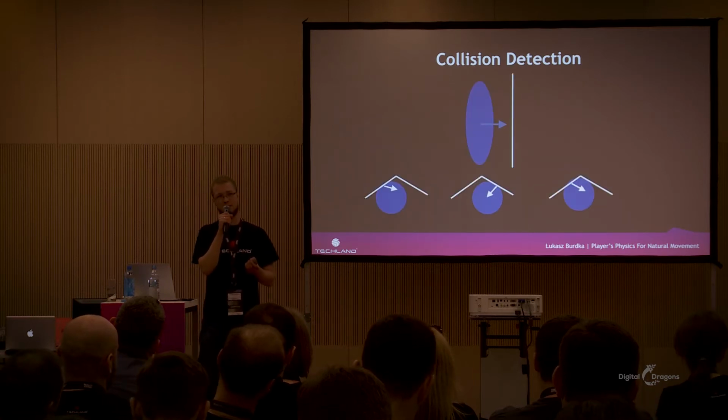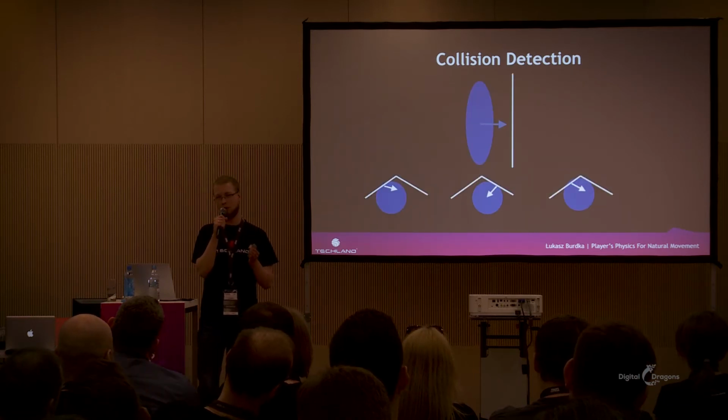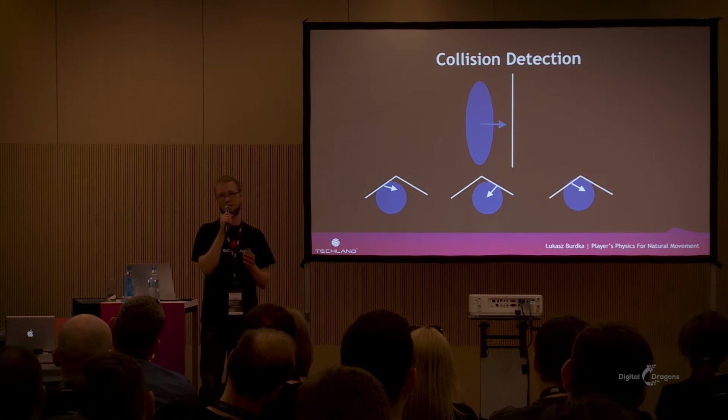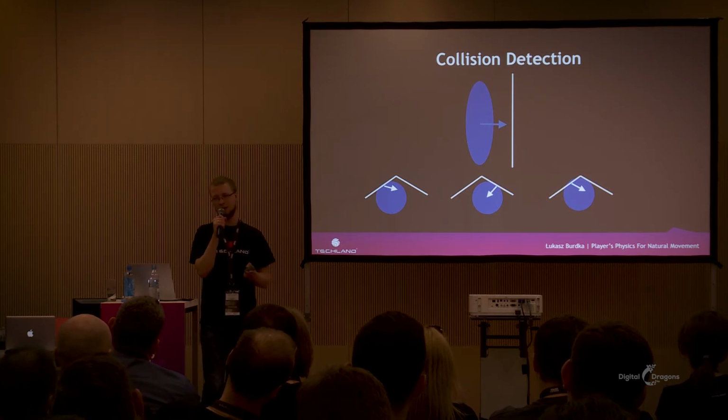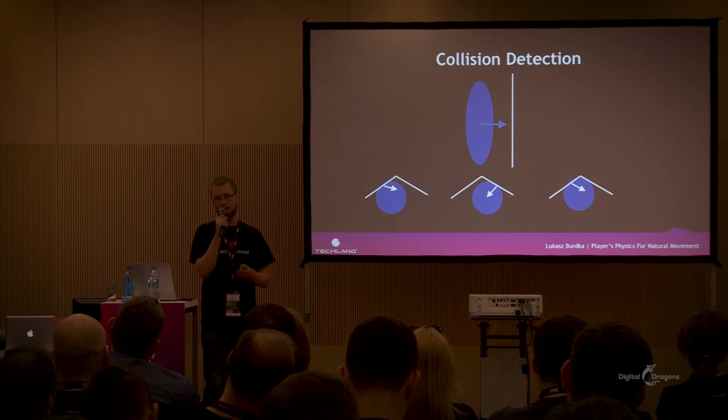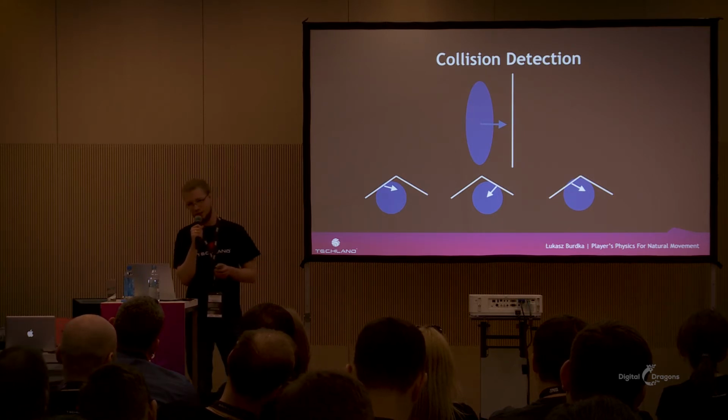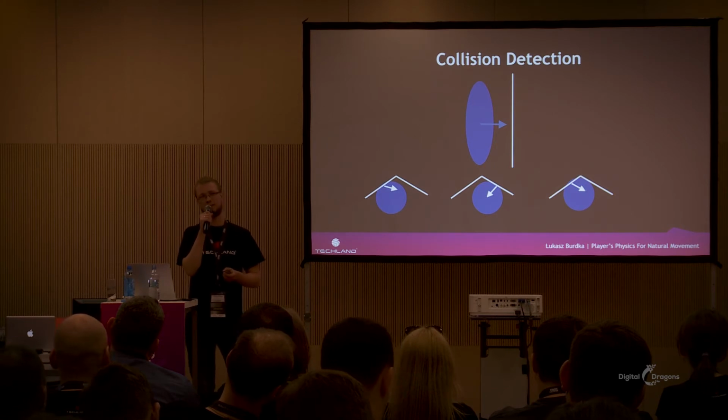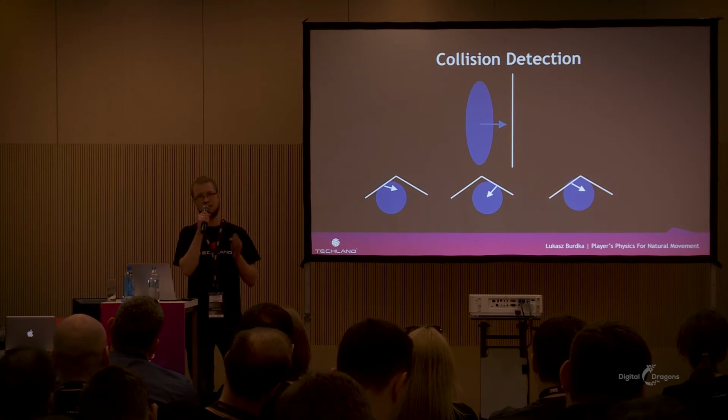Another problem is if we push against the corner of walls, especially if these walls are not perfectly vertical. We just bounce from one wall to another if the angle is wide enough. And it causes the camera to shake instead of just making players stand still in the corner.